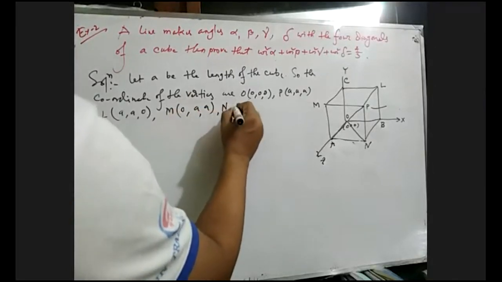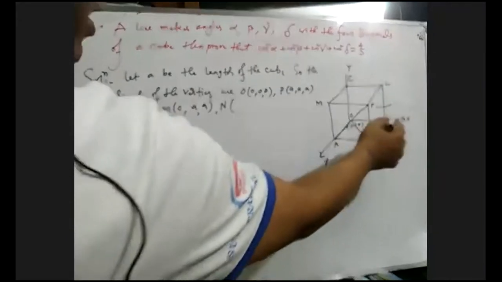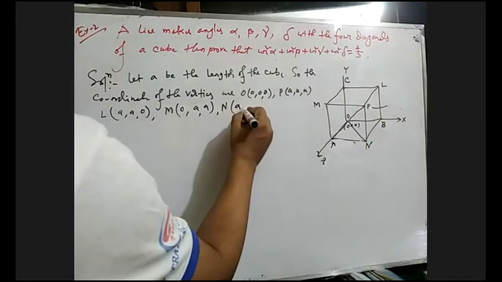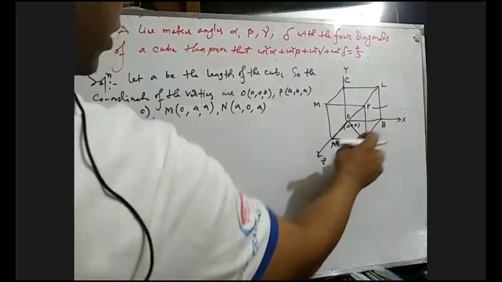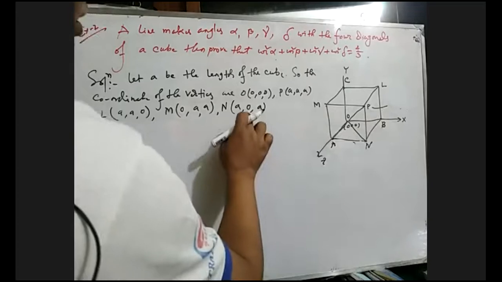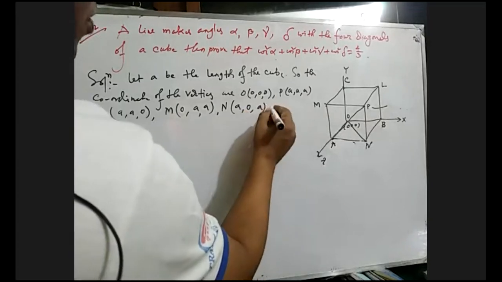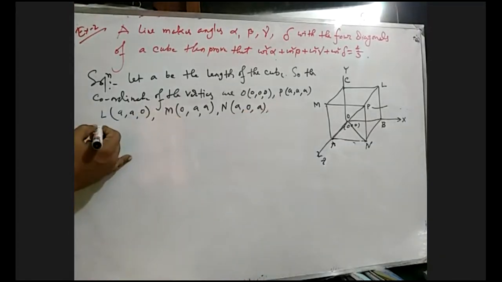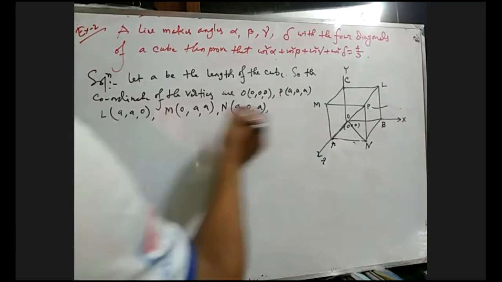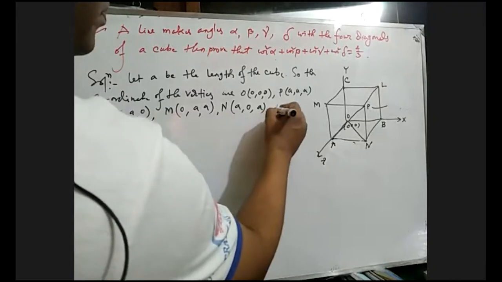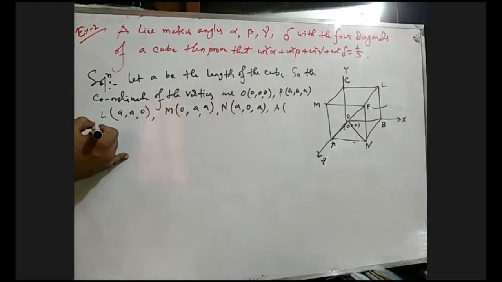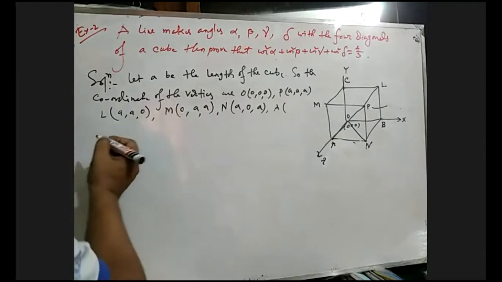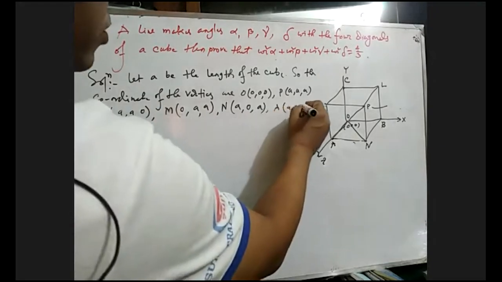N point what will be? N point has x axis and z axis, so a 0 a. This is why the y length will be 0 for N. And then A, B, C. Then A point will be a 0 0.